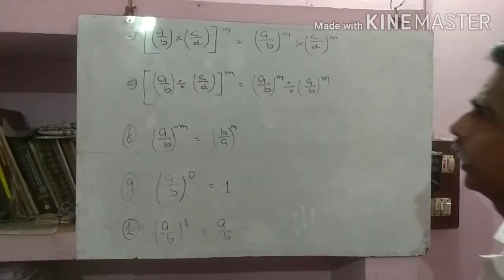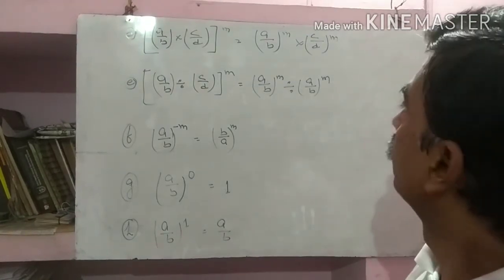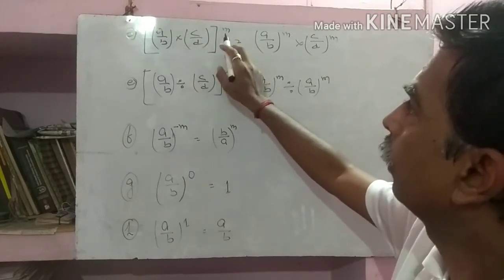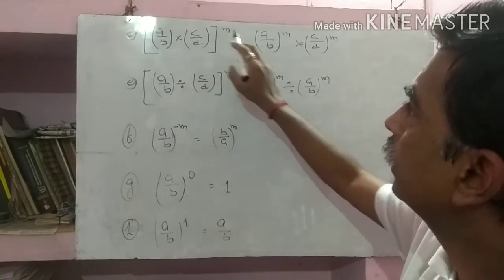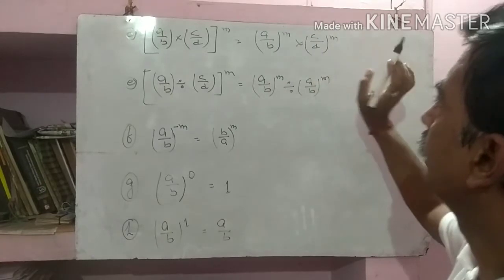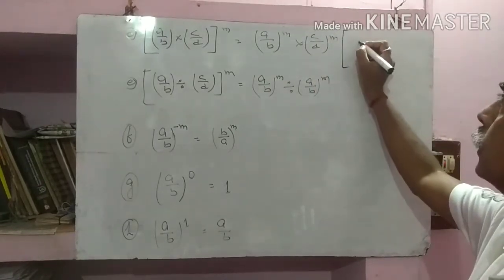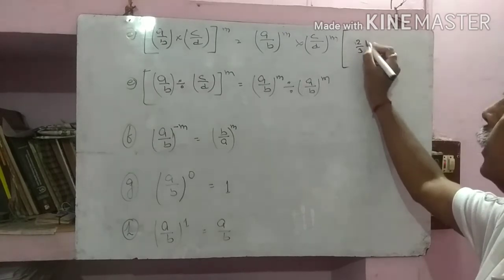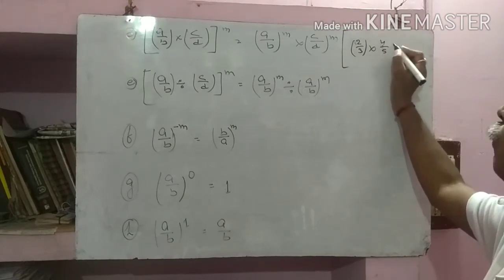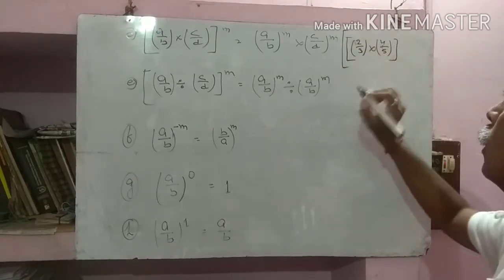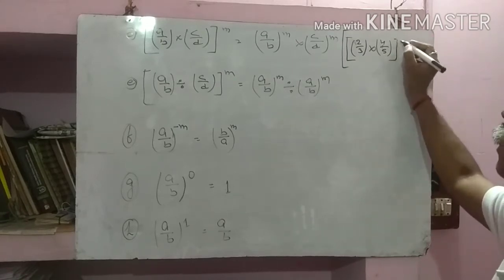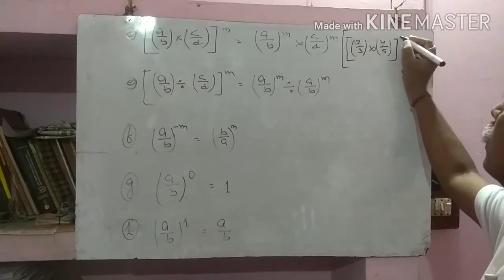Look here, another law of exponents for rational numbers: (a/b × c/d) whole to the power m means the power m is individually raised to a/b and c/d also. Suppose (2/3 × 4/5) whole to the power 7.